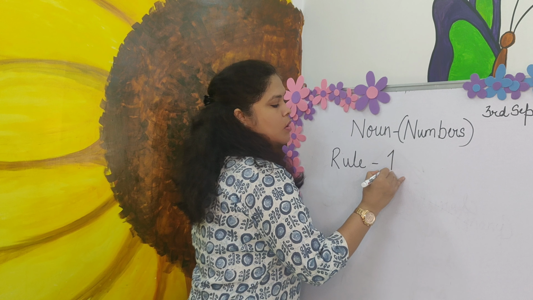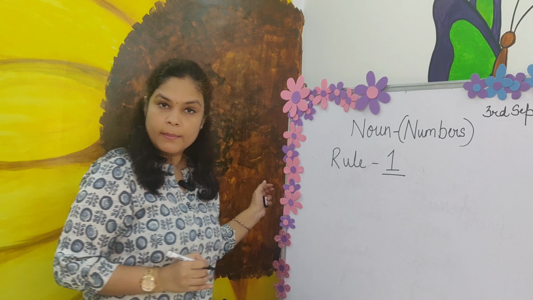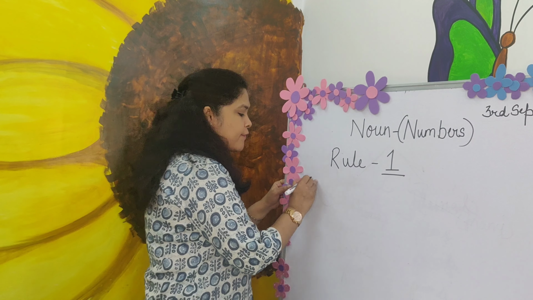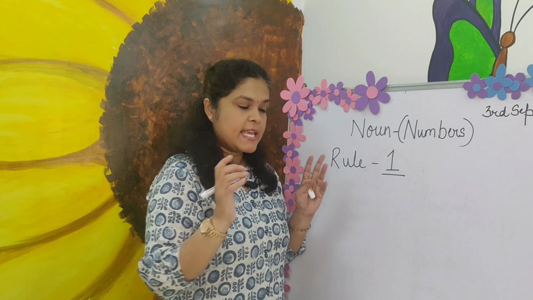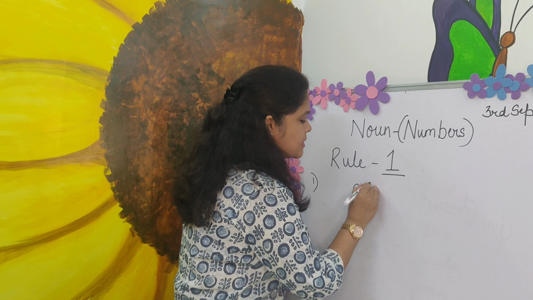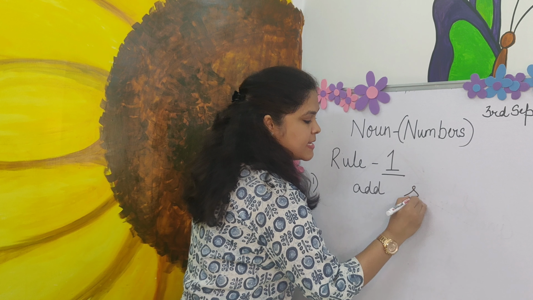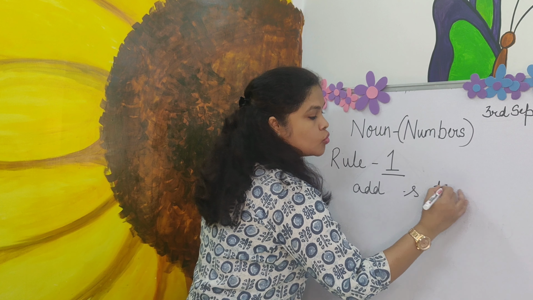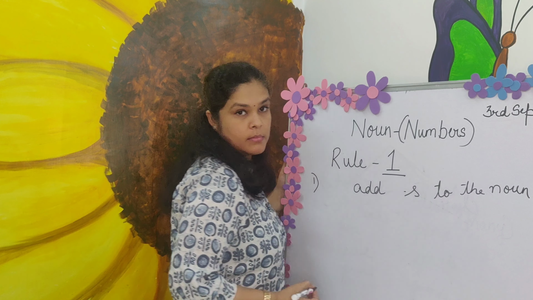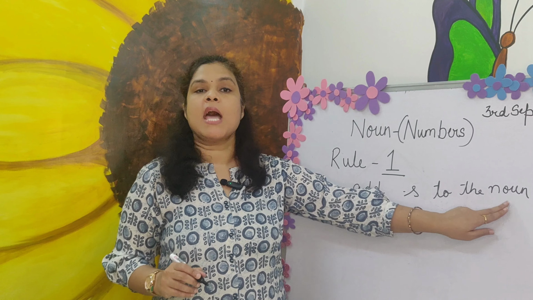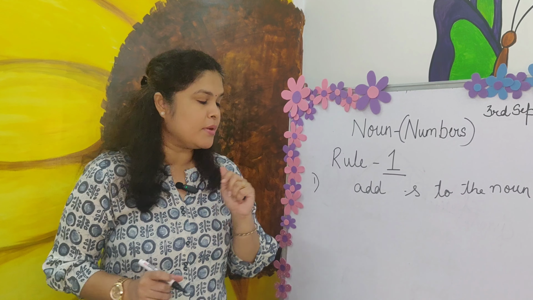Rule 1. So the first rule is the simplest of all, which says: add S to the noun to get its plural form.